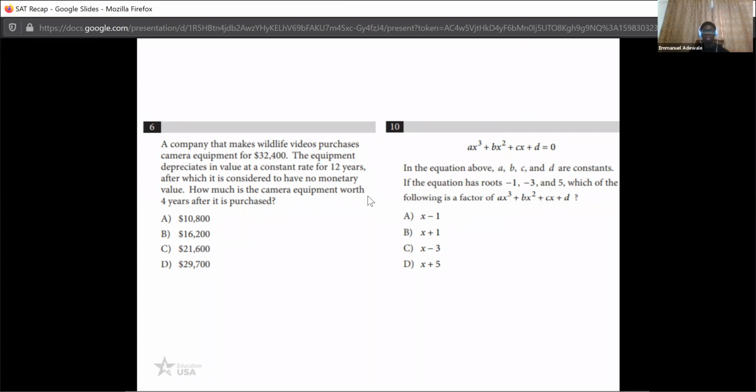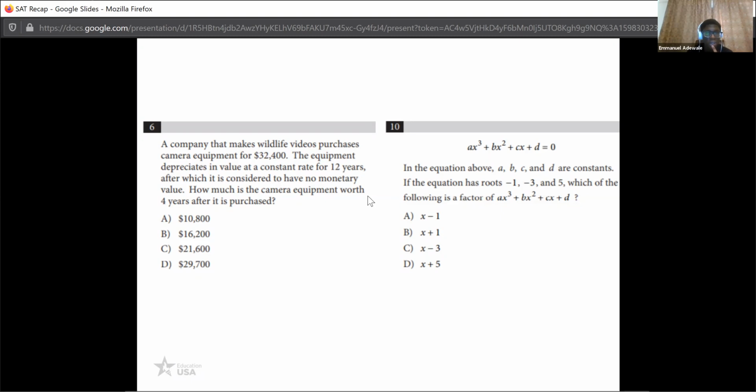Making sure you can find the relation between the numbers in the problem can help you quickly solve it. So yeah, the correct answer for that was indeed, oh wait, hold on. Actually, the correct answer for question number 6 was actually choice C.